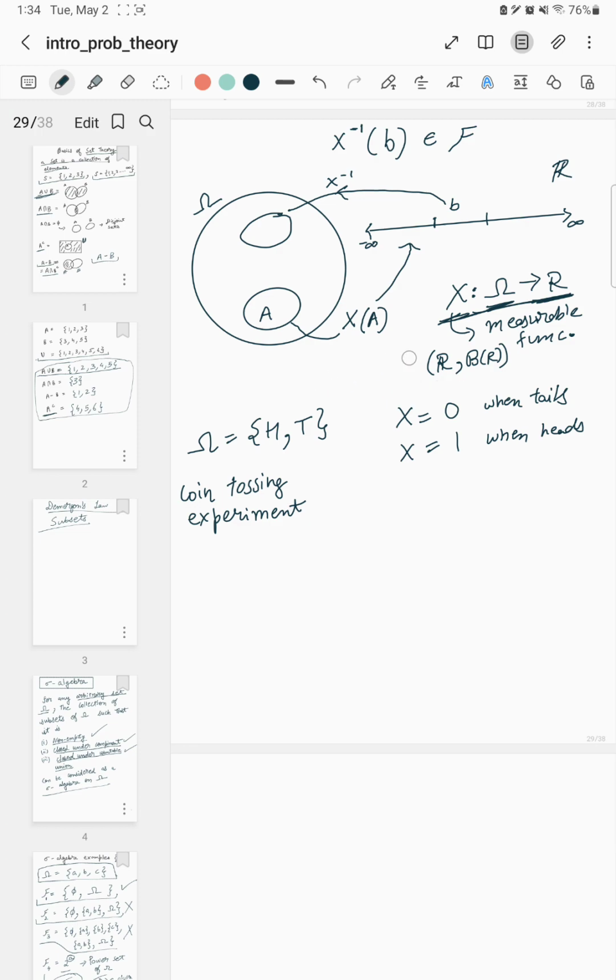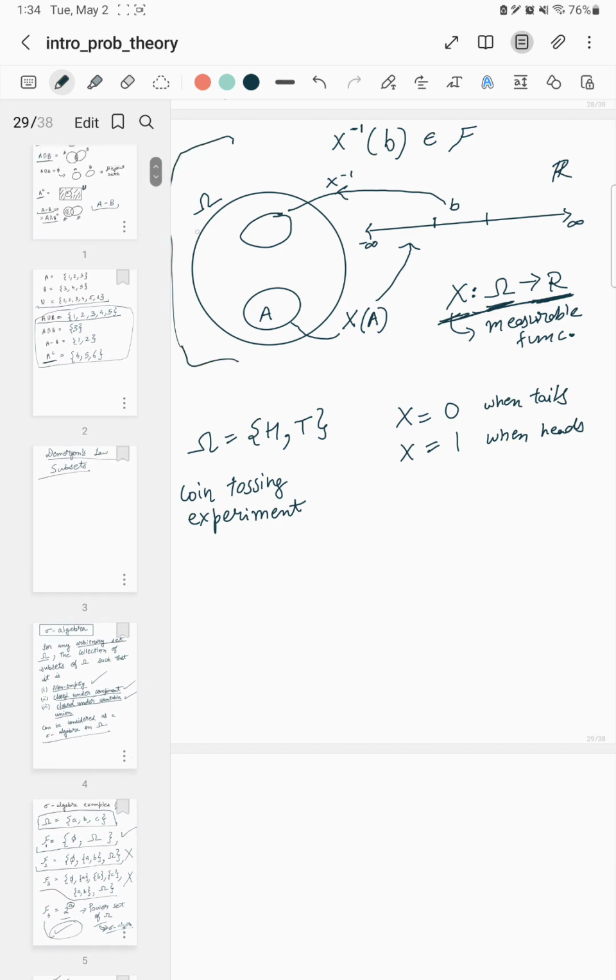Now we have a visual representation of it in front of us, which is this. We have a sample space omega, which is denoted by this circle, and we have a measurable function x, such that a set of elements a in the sample space omega, when mapped using the measurable function x, points to some Borel set in the real field.